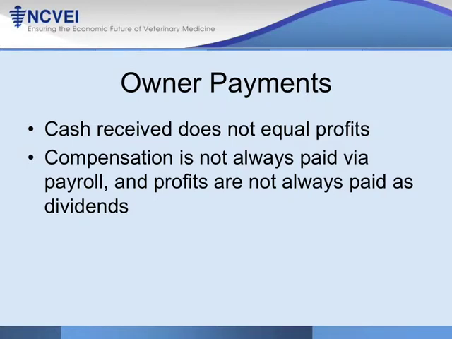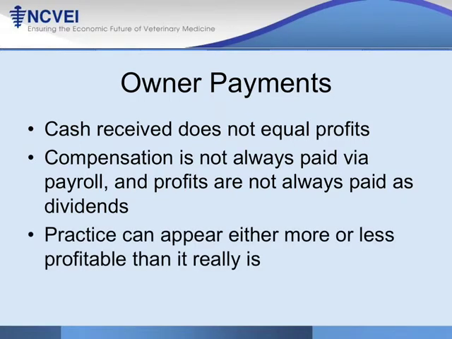So if you have a sole proprietorship, an owner does not get compensation through the payroll system. They simply take out draws every month or every quarter, and draws don't show up in the profit and loss statement or on the tax return. So because of the way that the tax law requires these different things to be treated, or some of the choices that the owner makes, the practice can either be more or less profitable than it really is, or appear more or less profitable than it really is.